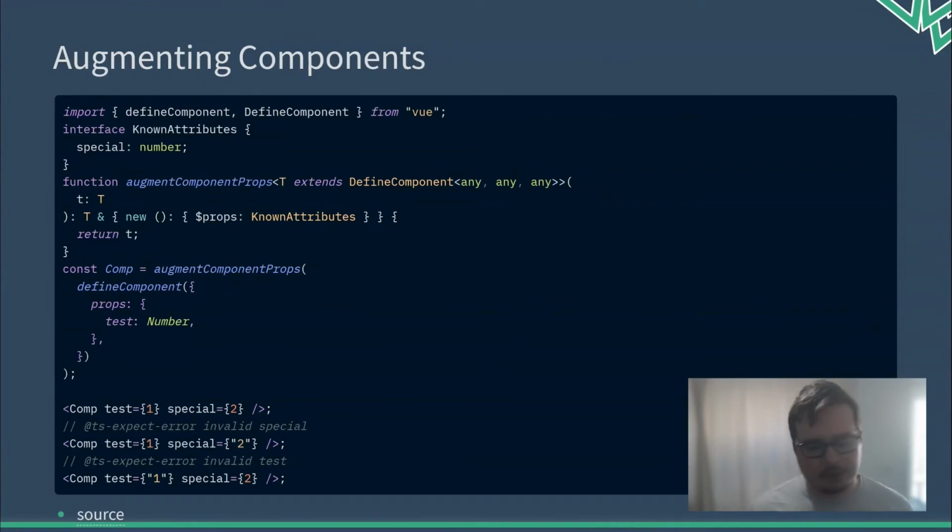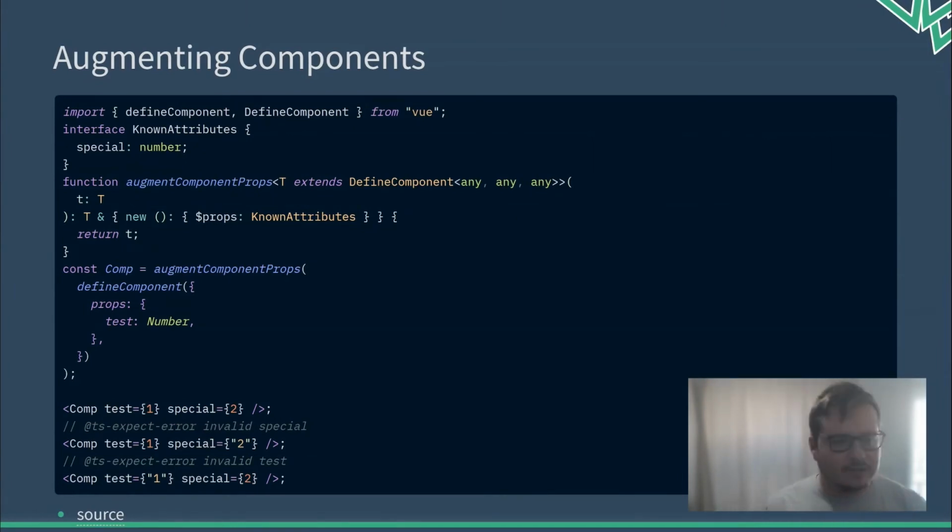Let's play around with define component now that we went through all of it, and let's see if we can do some nice things. Imagine that we are building a library, and we don't want to declare all the props. We just want to handle them as attributes, because props have runtime validation, but we don't want that. We just want known attributes that we can use.